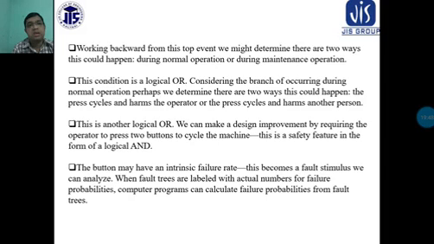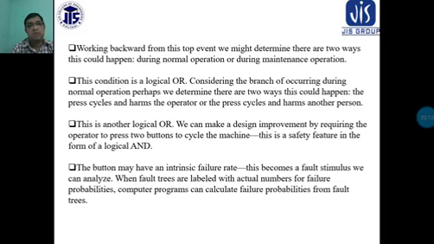We might determine there are two ways this could happen: during normal operations or during maintenance operations. During normal operations, a less hazardous environment is created, while in maintenance jobs a highly hazardous environment is created.